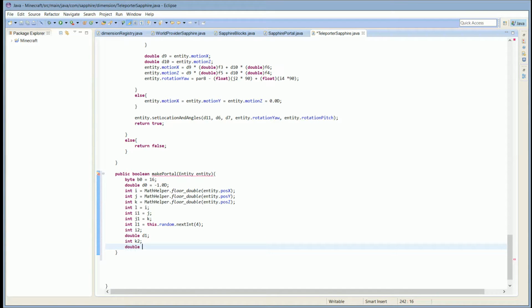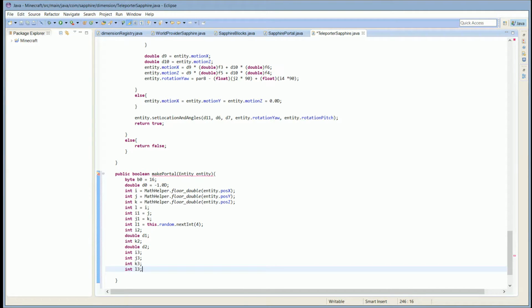Double d2, integer i3, integer j3, integer k3. Basically, we're just repeating integers.